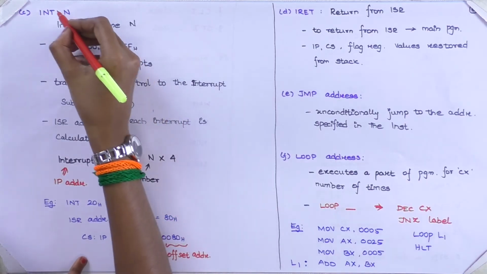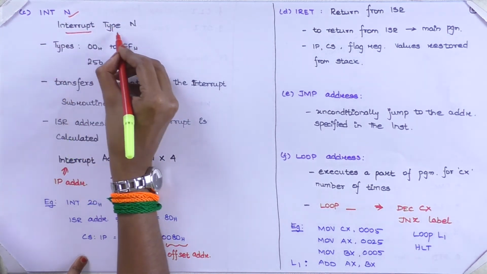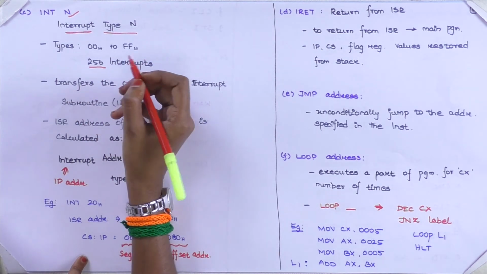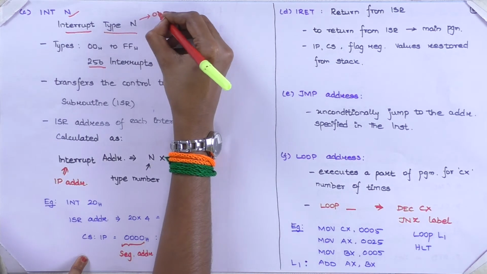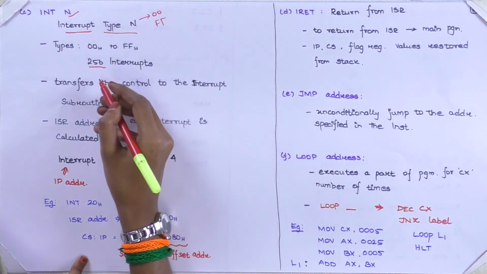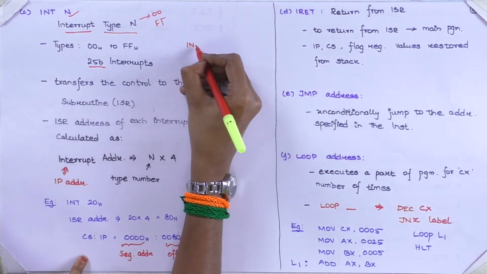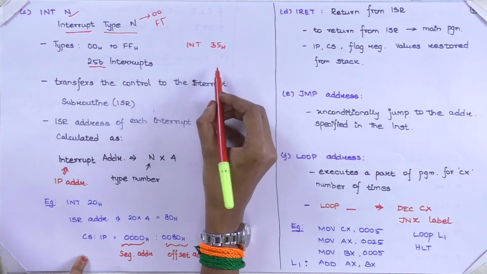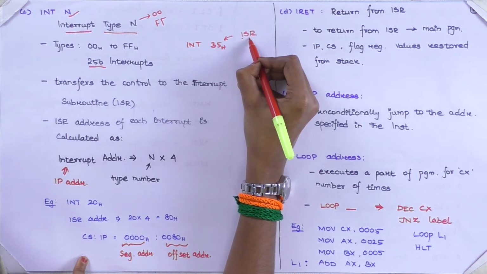Fine. So the next instruction is INT N. INT is nothing but interrupt, N for type N. So here we have 256 interrupts, which is nothing but 00 to FF. So the N represents from 00 to FF, which means that we have 256 interrupts. Okay. So once we have mentioned it like this, interrupt 35H, in the sense, for each and every interrupt we have a subroutine, an interrupt subroutine.